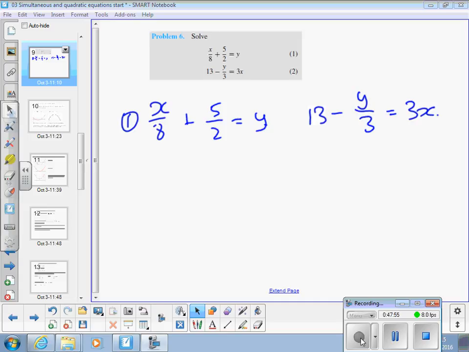You could do, possibly. Well, you do want to get a constant as equal to an x term plus or minus a y term. Yeah, you want them in the right order. But the main method here is to get the coefficient of one of the variables the same.